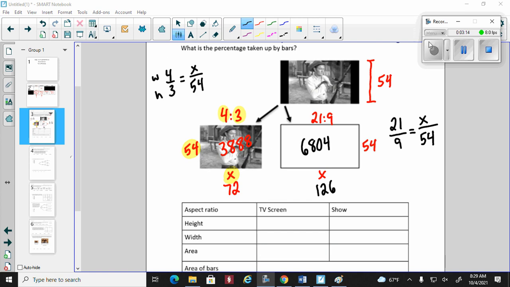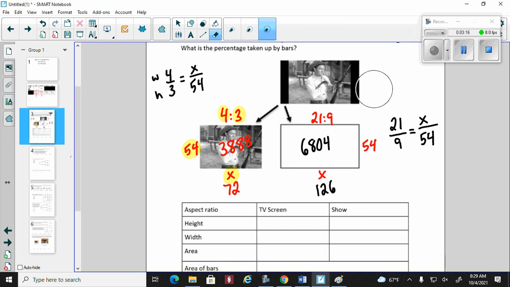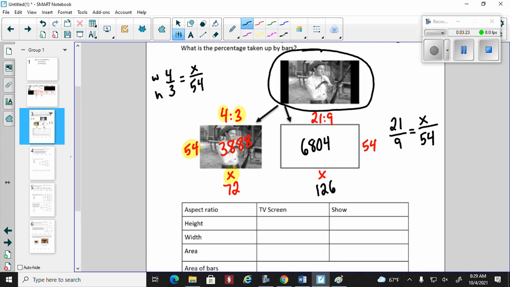Now, once you find the area of everything, here's what I want you to pay attention to: the whole thing is 6,804. That's the area of the whole thing. The area of the man is 3,888.